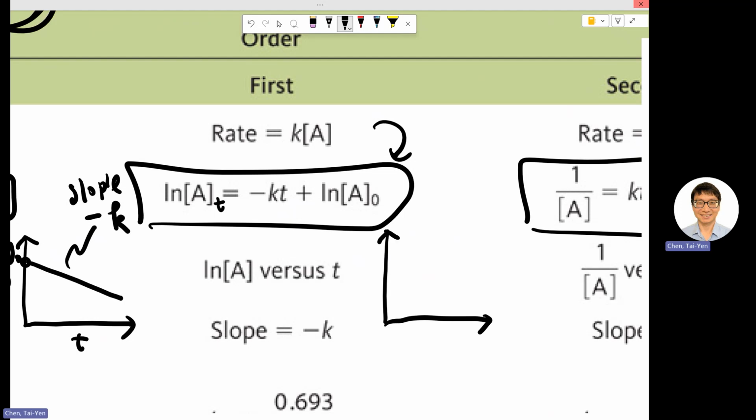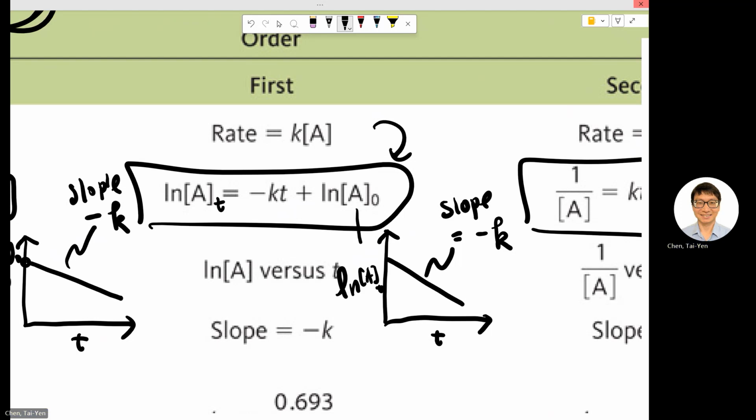Similarly, if you draw out this natural log of A versus t, you also get a straight line, right? The slope, again, is going to give you negative k. The intercept will give you what? Natural log of A naught.